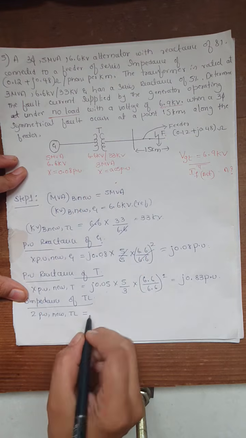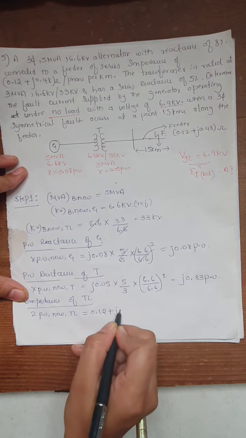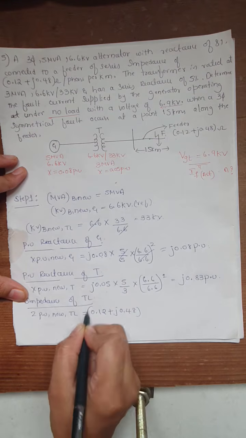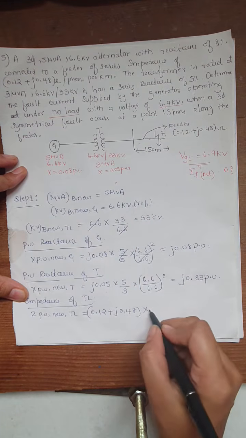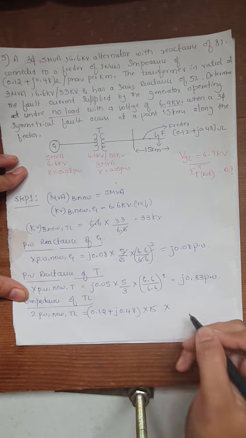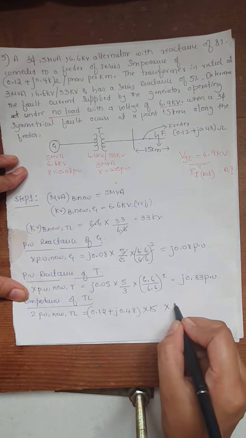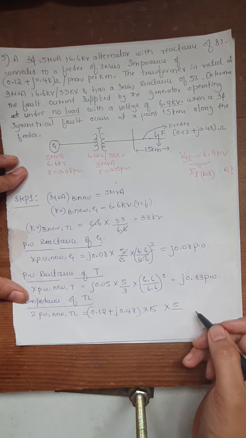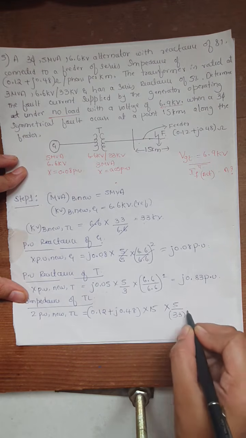So I write (0.12 + j0.48), the given impedance in the problem, multiplied by the length of the feeder, 15 kilometer, again multiplied by MVA base new, that is from step 1, 5 MVA, divided by kilovolt base squared new of the transmission line, that is 33 squared.